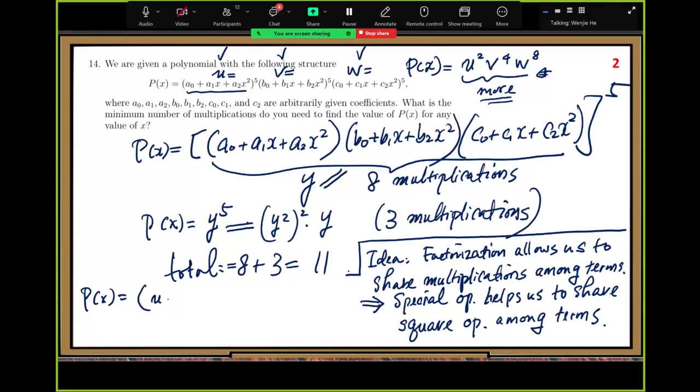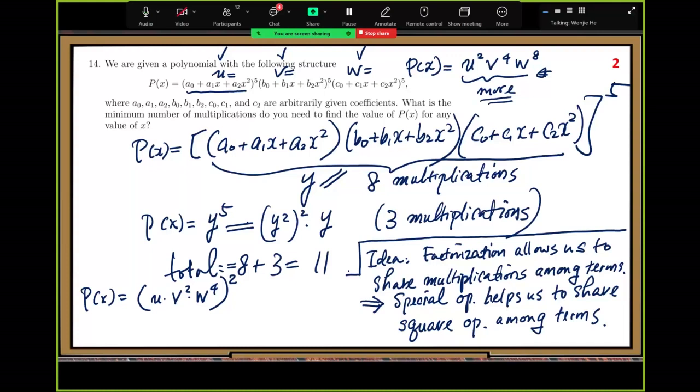U times V squared times W fourth, outside one common square. How about that? Individual square we make common square, so to save multiplication. That's the first round sharing.